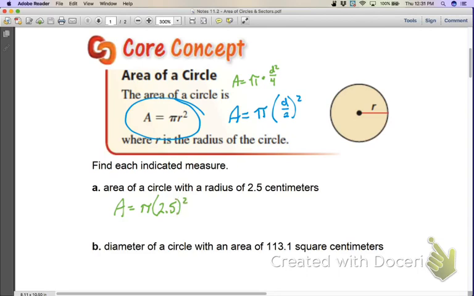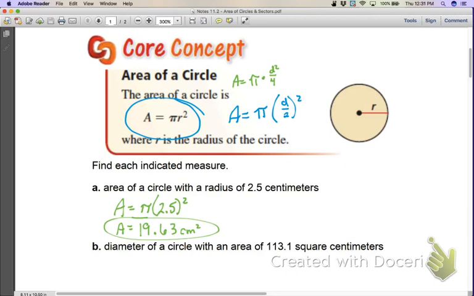What are we going with? 19.63 centimeters squared.